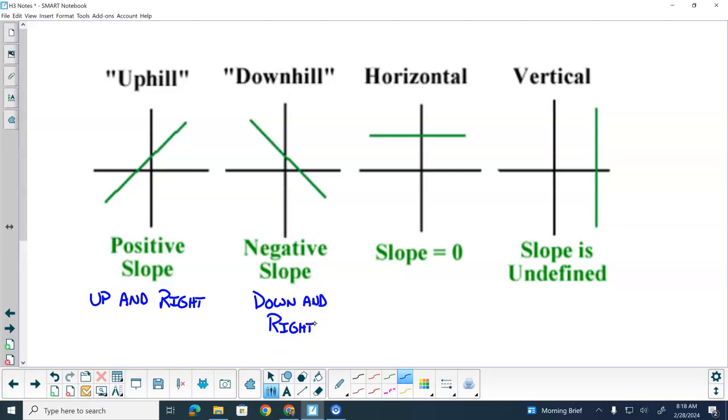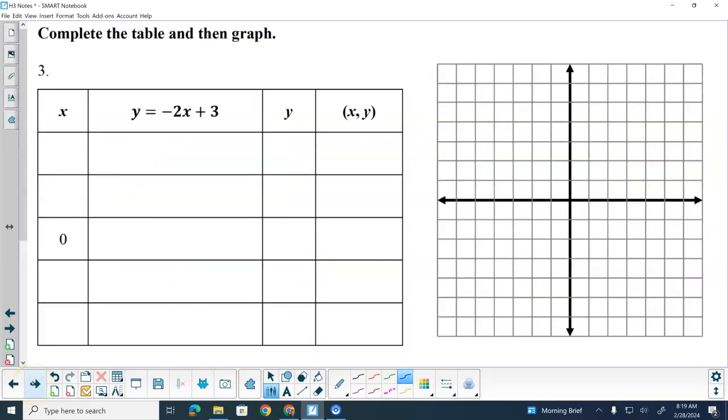We have zero slopes, those are our horizontal lines, and we have undefined slopes. Those are our vertical lines. So that's the 4 different kinds of slopes that we can have.